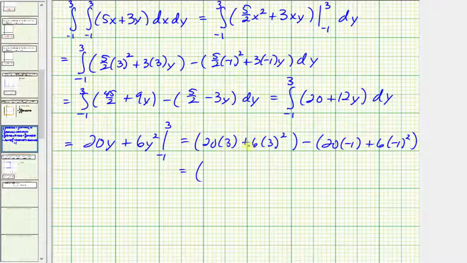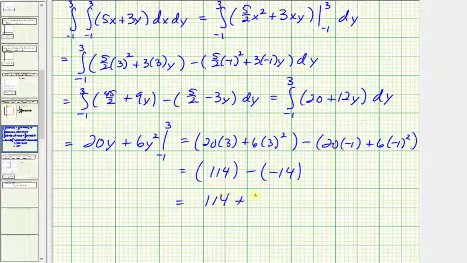So here we have 60 plus, this would be 54, so we have 114 minus -20 plus 6, that's -14. So we have 114 plus 14, which equals 128.